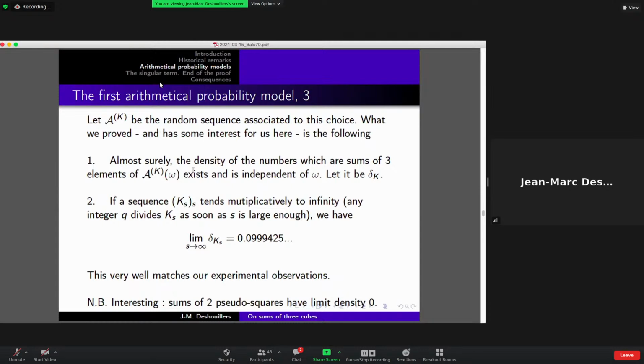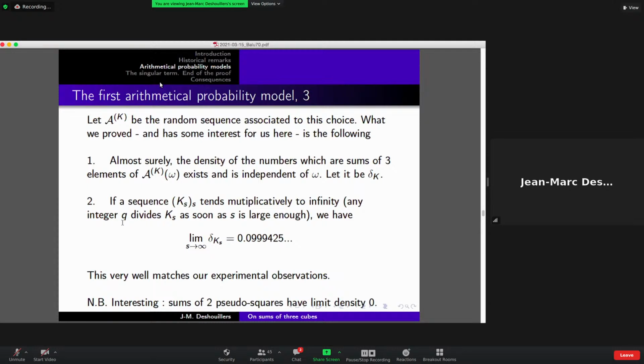First of all, almost surely, the density of the numbers which are sums of 3 elements of A_k exists and is independent of little omega. So let us call that delta_k. And we take a sequence k_s which tends multiplicatively to infinity.